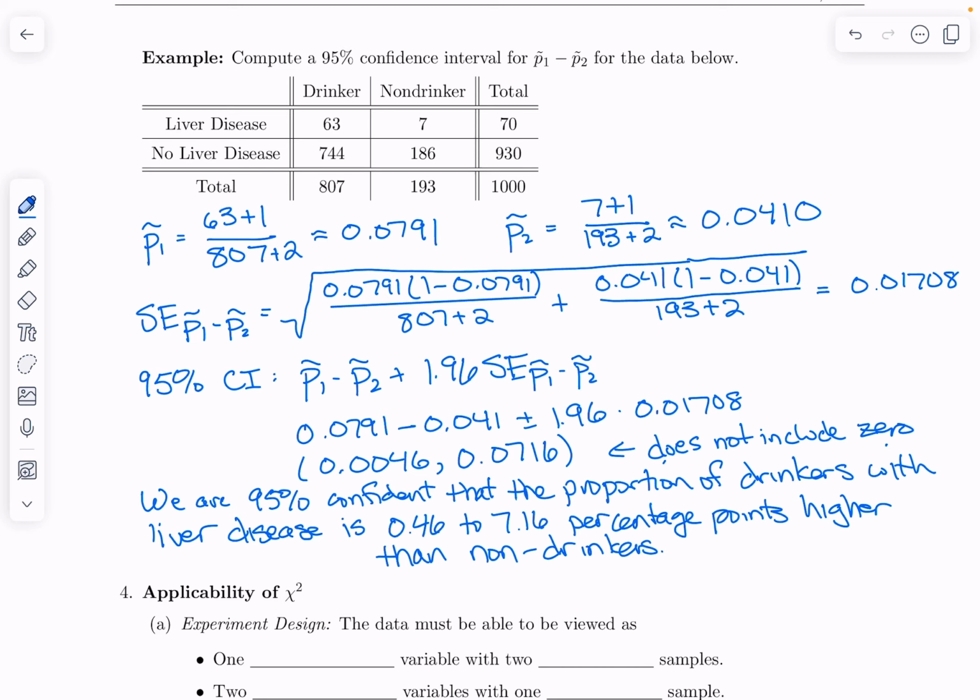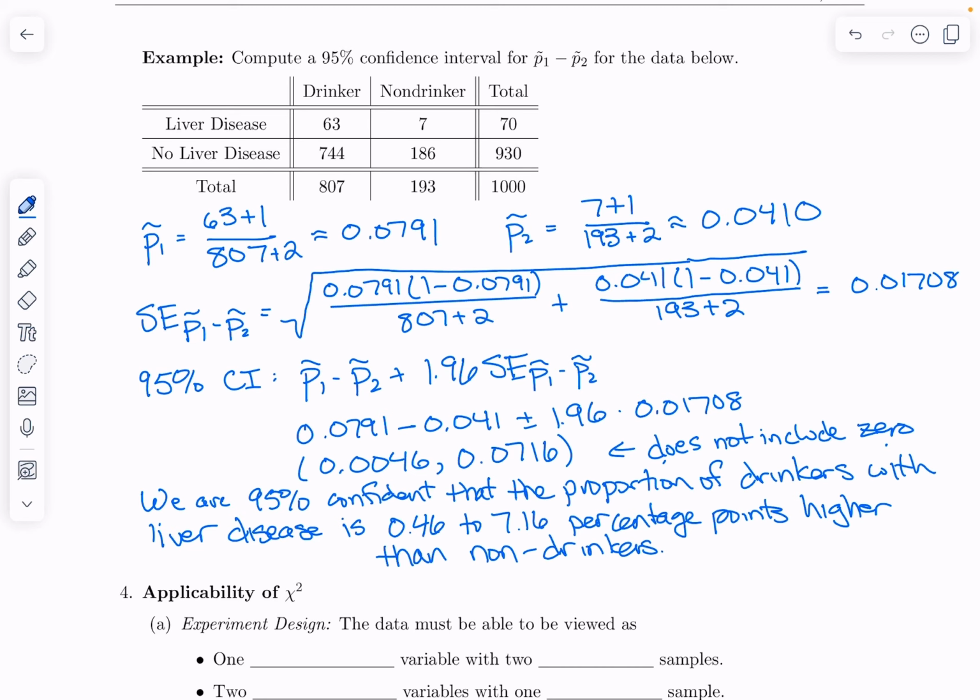So not only can we say that there's a difference in the population proportions, but we can say that the proportion of drinkers with liver disease is a certain number of percentage points higher than the non-drinkers.